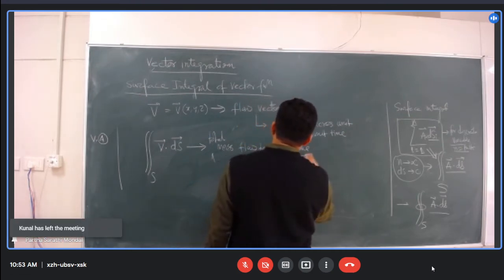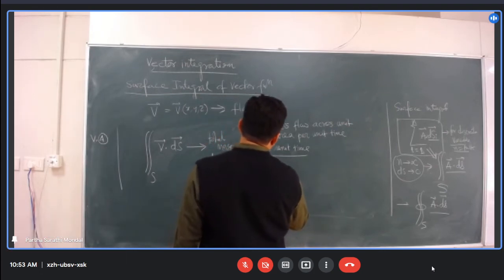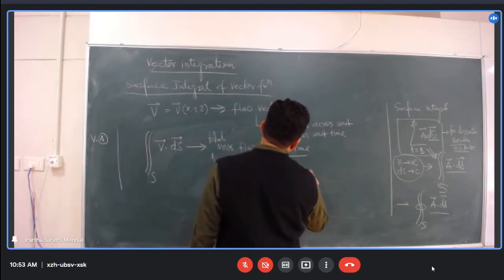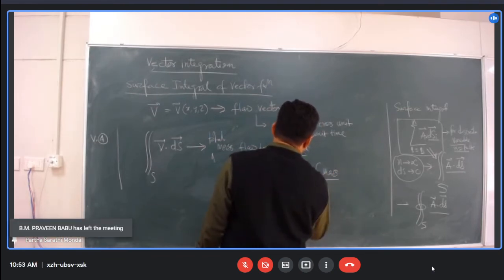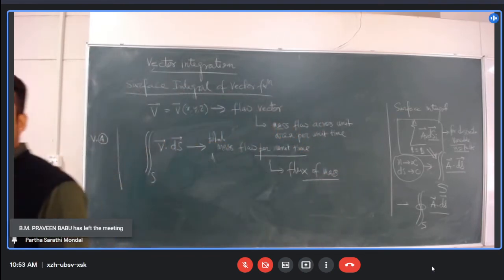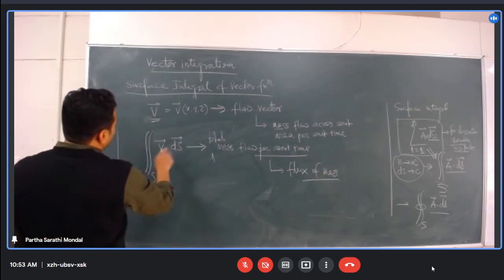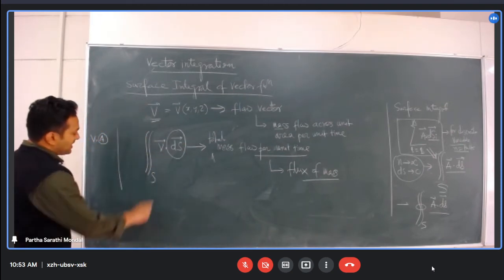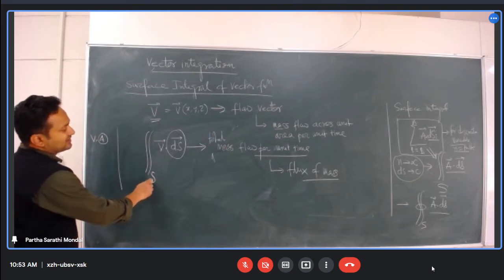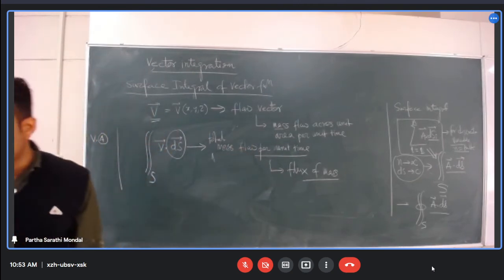The area goes into the total area. So this we call flux. This is the physical quantity. If v is a flow vector and you perform the surface integral over a surface S, this will give you flux. So flow to flux.